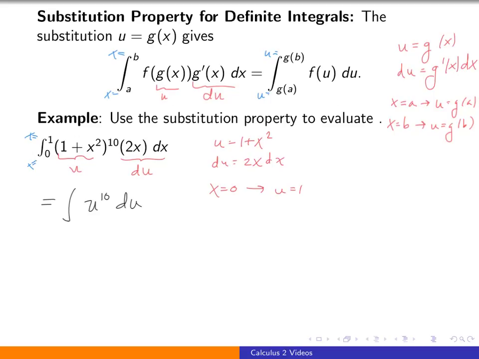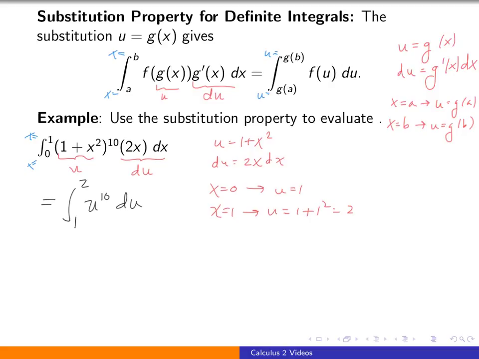For our upper limit of integration, when x is 1, u is going to be 1 plus 1 squared, which is 2. So our limits of integration are going from 1 to 2. And as mentioned, once we change around those limits of integration, this new definite integral that we have in terms of u is all we need to be concerned about. We can evaluate that, get back a number, it is our solution.